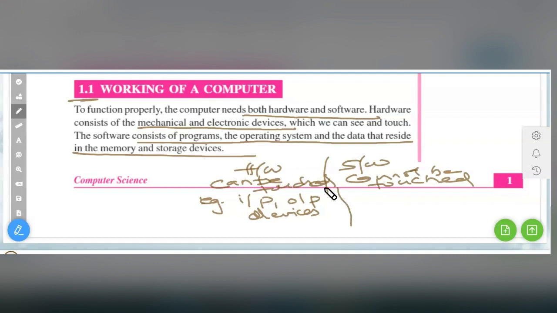And software are the programs or sets of instructions, or something that is happening inside the operating system. Paint, MS Office, all these are known as software.